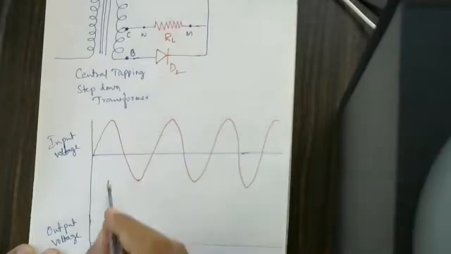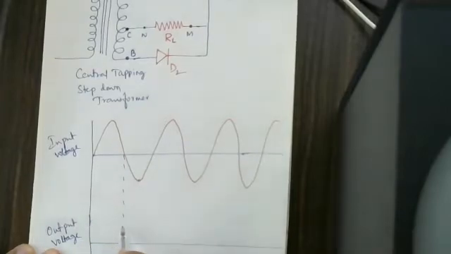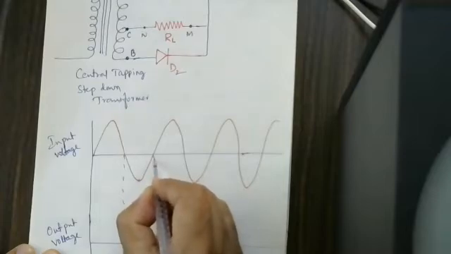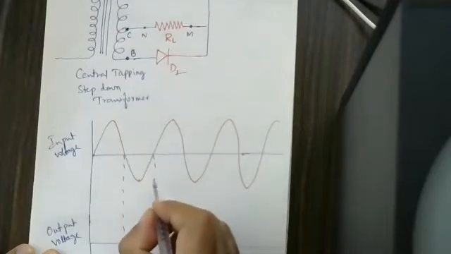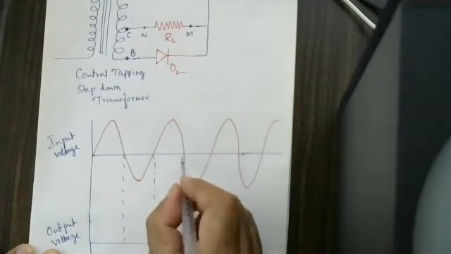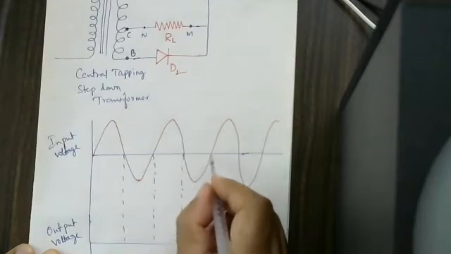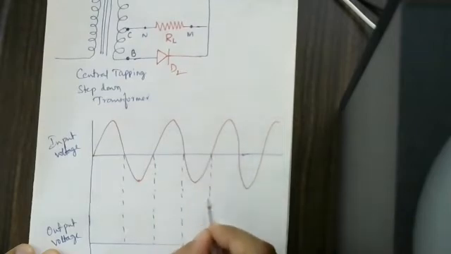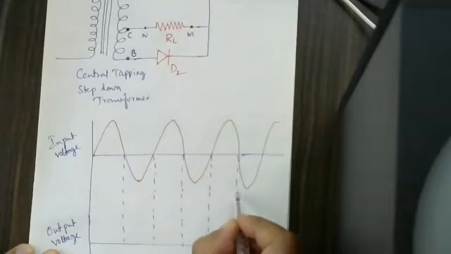What is happening here? I am supposed to show it. During the positive half cycle, what is happening? During this negative half cycle, what is happening? During this positive half cycle, again, what will happen? During this negative half cycle, what will happen? We have to show this in the input and output waveforms.